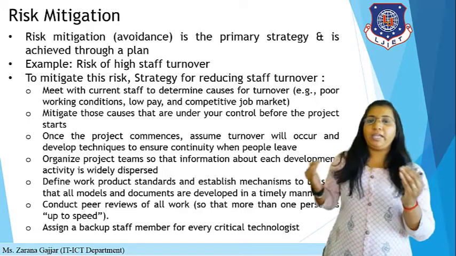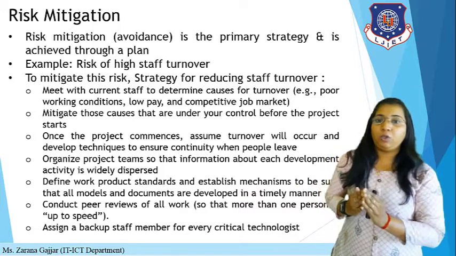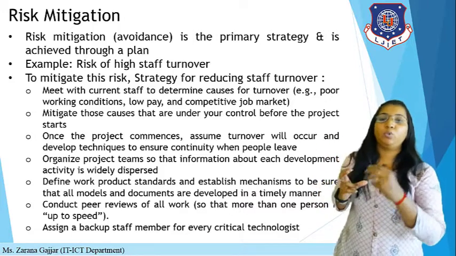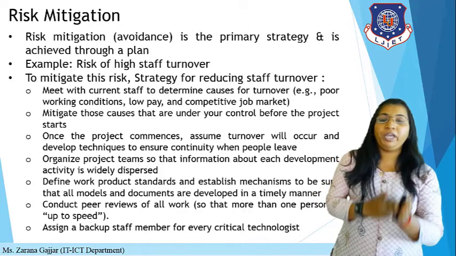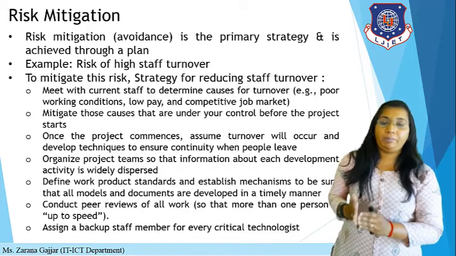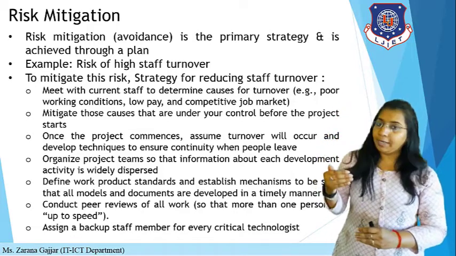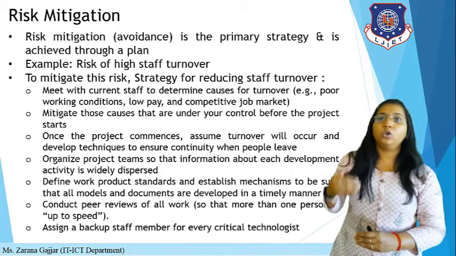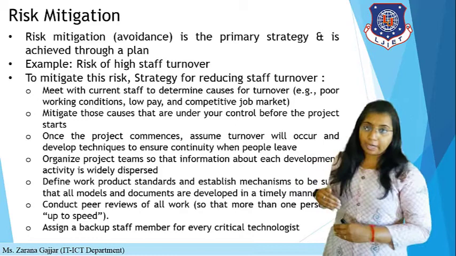If you take reviews from all the team members, then you can analyze which person is doing what, which activity is currently going on and which activity is completed. You can also analyze which person will develop the highest feature. Then you have to assign a backup staff member for every critical technologist.